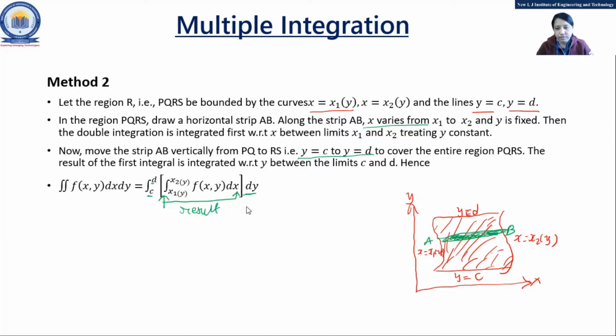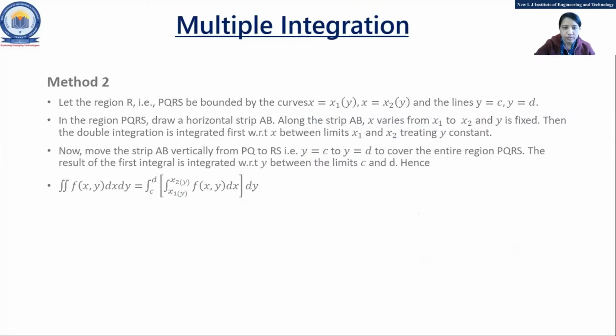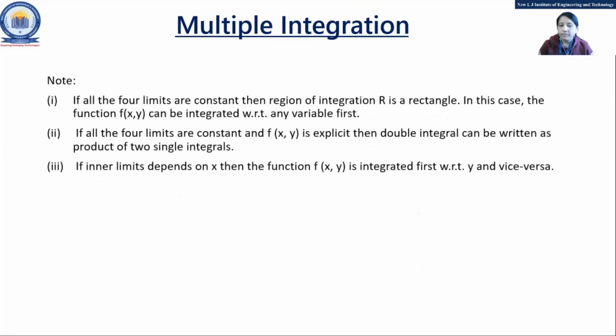So there are two methods. In one, we are going for the vertical strip and in the second, the horizontal strip, right? So either of the methods you can follow. Mostly we are going to follow the vertical strip. Now, whenever double integrals are given, which should be applied first? That is the question, right?